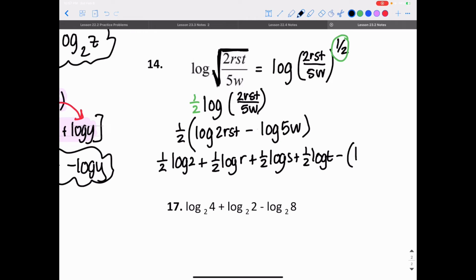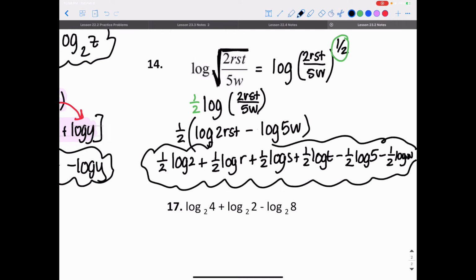When I break it down, it's going to be 1/2 log, and I distribute that 1/2 to everything. So it's 1/2 log of 5 plus 1/2... I'm just going to distribute it without rewriting this all over again. 1/2 log of 5 minus 1/2 log of w. And this is my answer. Oh my gosh, that's crazy.